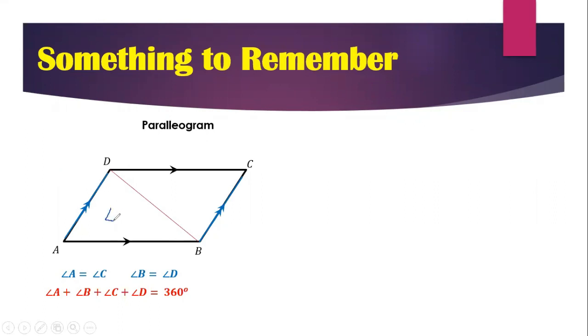Triangle ABD and triangle BDC, and they are equal, right?